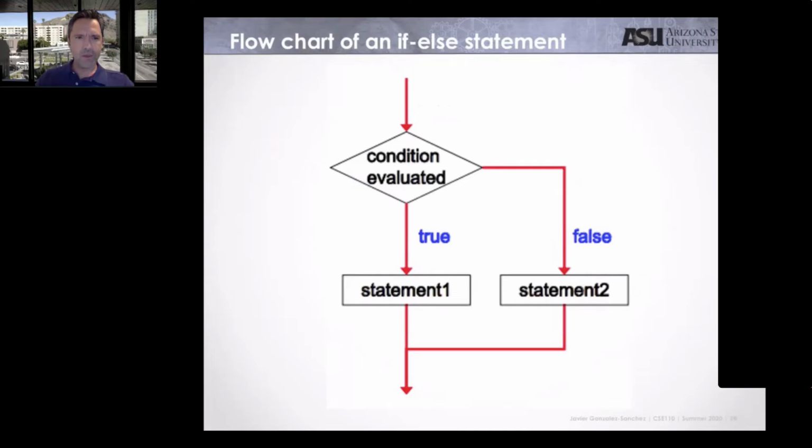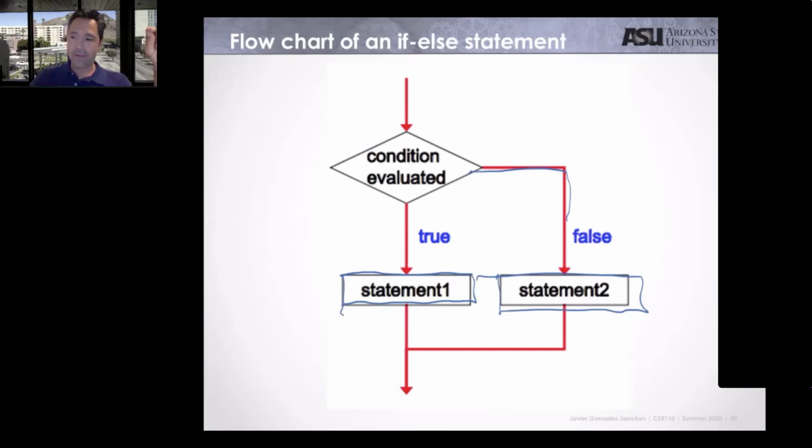If the condition is true, you have some statements that you can run. But if the condition is false, you can define a different set of statements to be executed. So you can have your program, and depending on the value of this condition, you can run this group of instructions or this group of instructions. 2 different paths, depending on one simple condition.